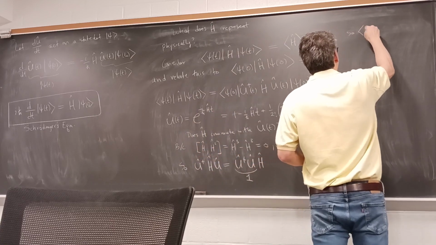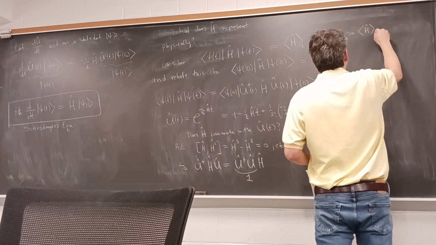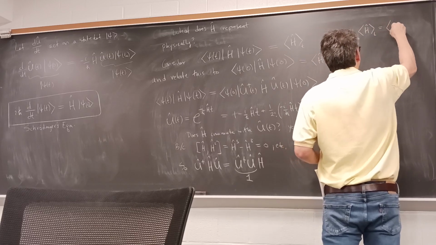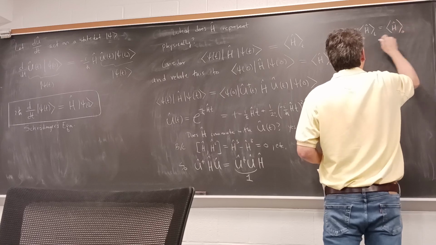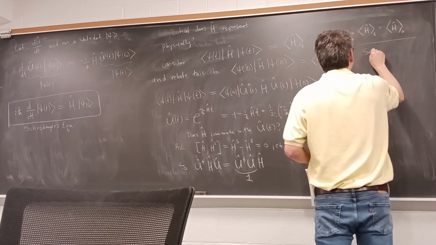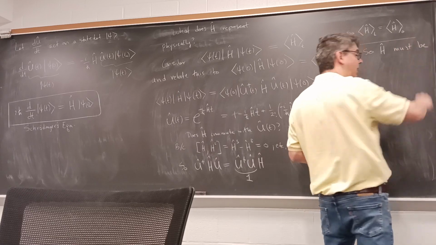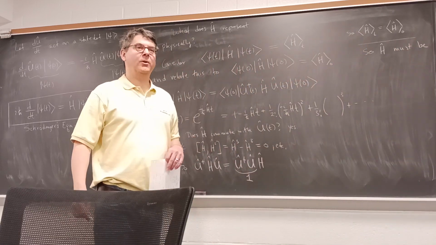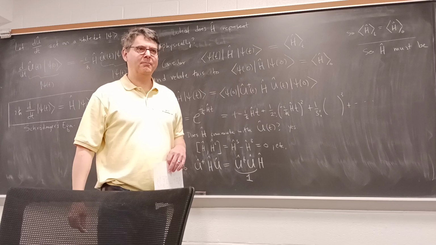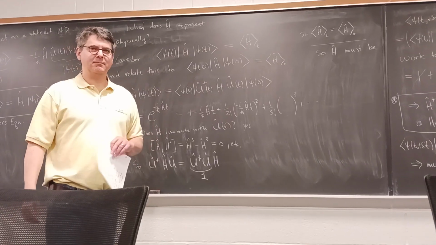So if this is a quantity that just doesn't change when the system evolves, what do we call it? Constant. It's a constant, yeah. It's conserved. It's conserved, it is.